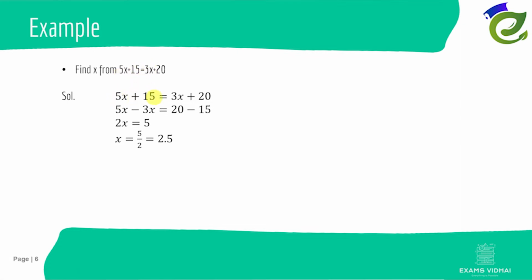Now I'm going to bring all the like terms on one side, meaning I'm bringing the variable terms on the left hand side and the constant terms on the right hand side. You can see here 5x minus 3x is equal to 20 minus 15, and then 2x is equal to 5, x is equal to 2.5. I just did it by manipulating the terms. It doesn't involve much calculation.